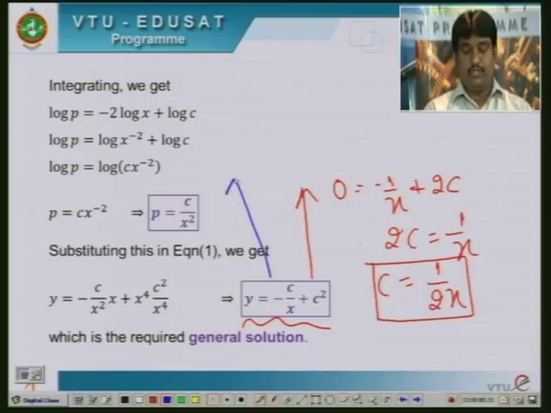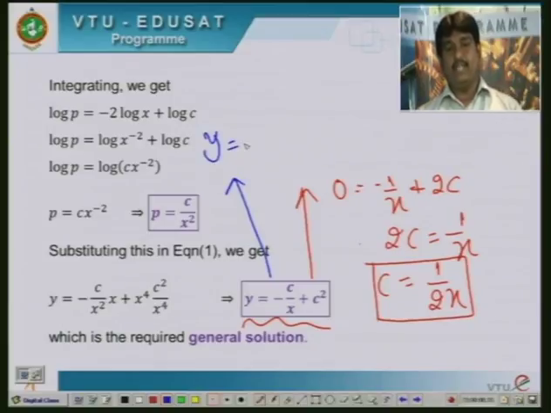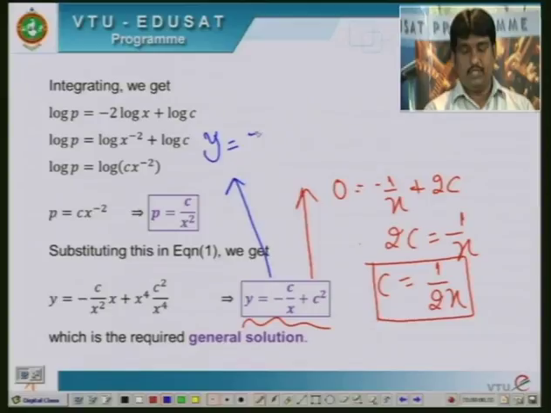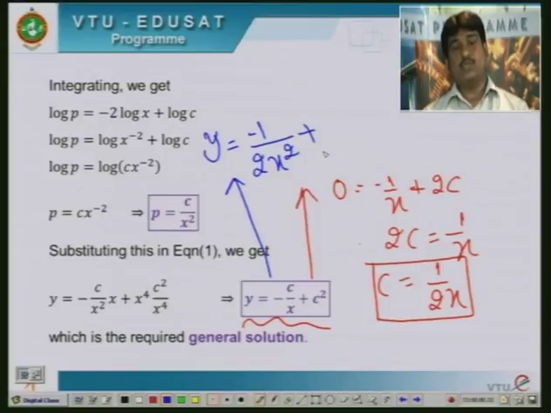So if you substitute here, you get y equals minus c by x, c is 1 by 2x, so it is minus 1 divided by 2x into x, which is 2x square, plus c square, c square is 1 by 4x square.